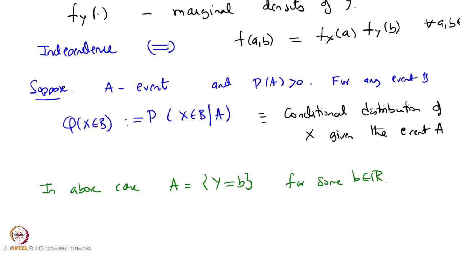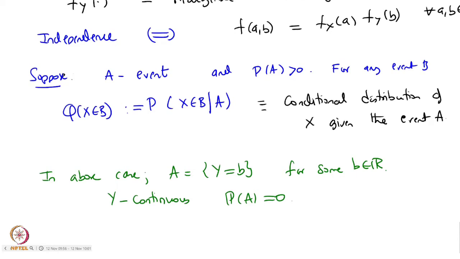Now you can observe quickly that Y is continuous, so the probability of A is 0, because we know that any continuous random variable will not assume a single specific value.